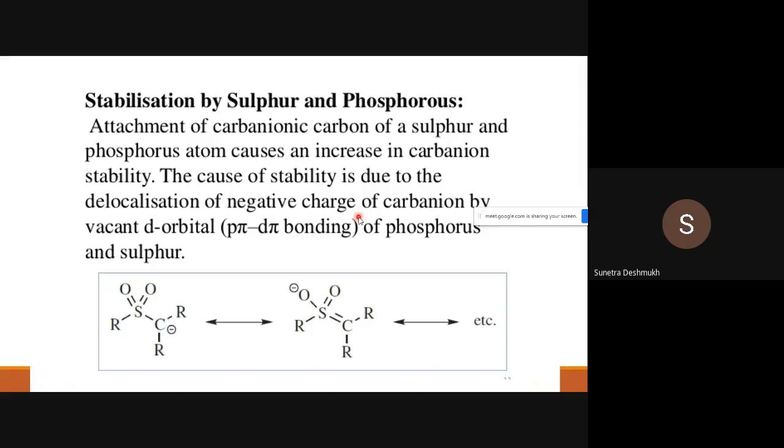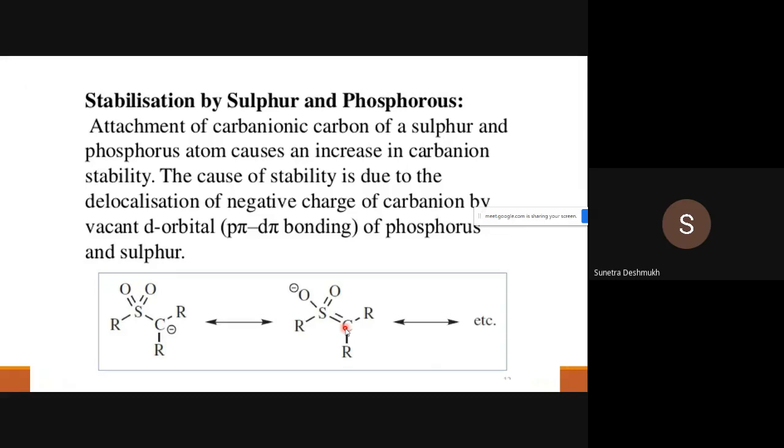Here in this example, an SO2 group is there, and it is an electron withdrawing group, and this negative charge is delocalizing on three different atoms. Now here you can say oxygen, sulfur, and carbon. So four different atoms are present for this negative charge to change its room or space.